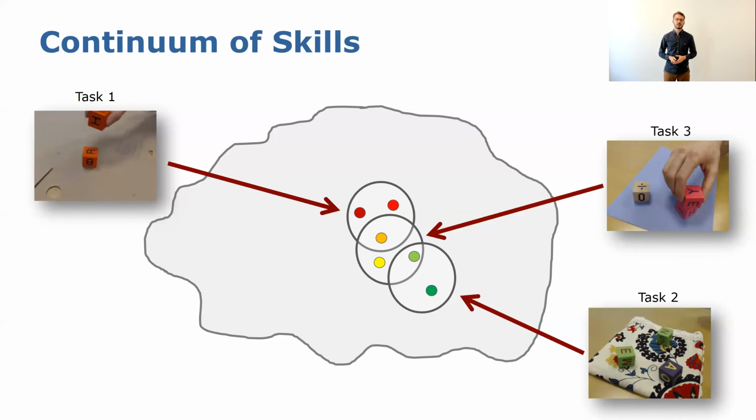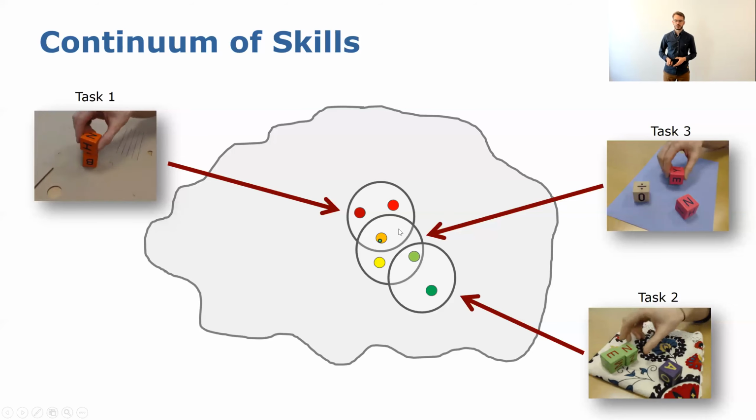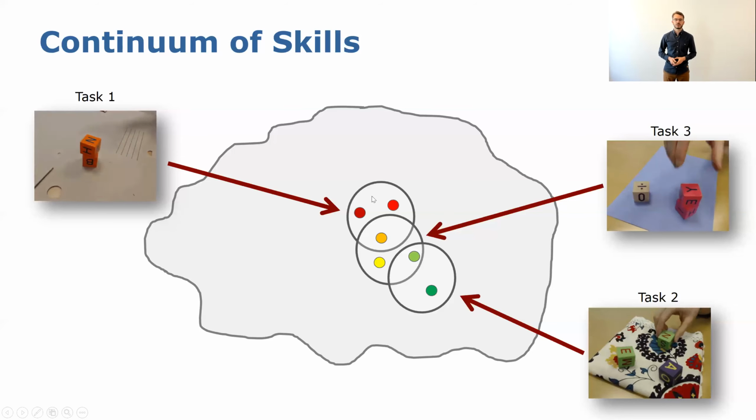In this example, you can see the three tasks represented in a continuous skill embedding space. As you can see, the first block stacking task, represented with this big circle over here, is composed of some skills that could be shared with this other same colored block stacking task.